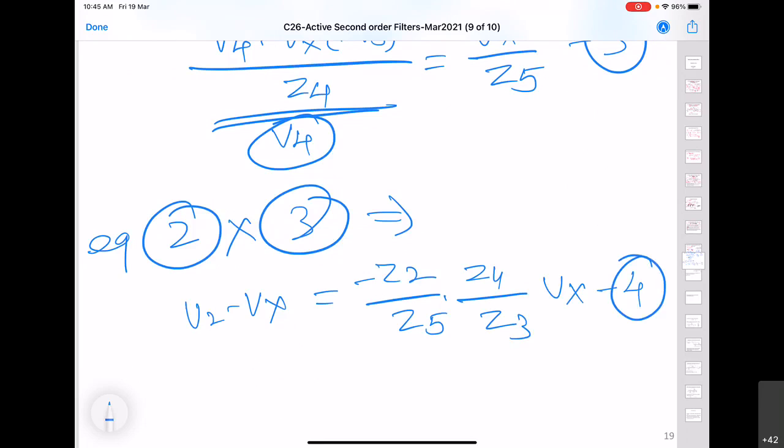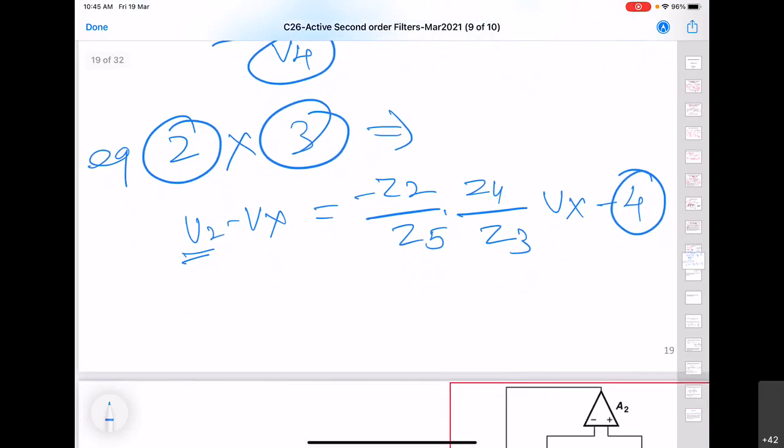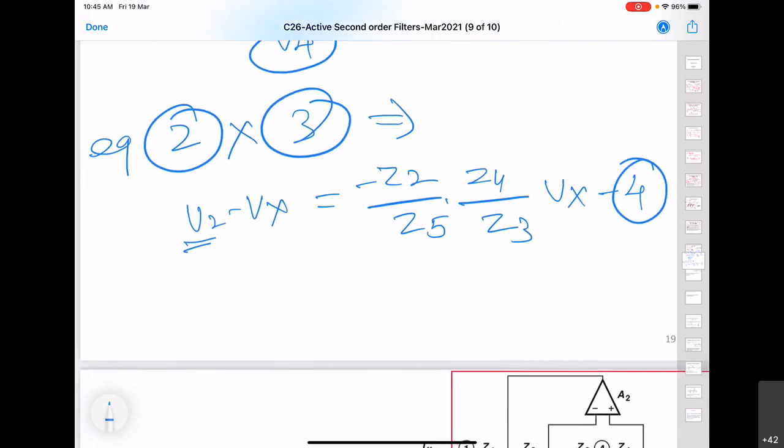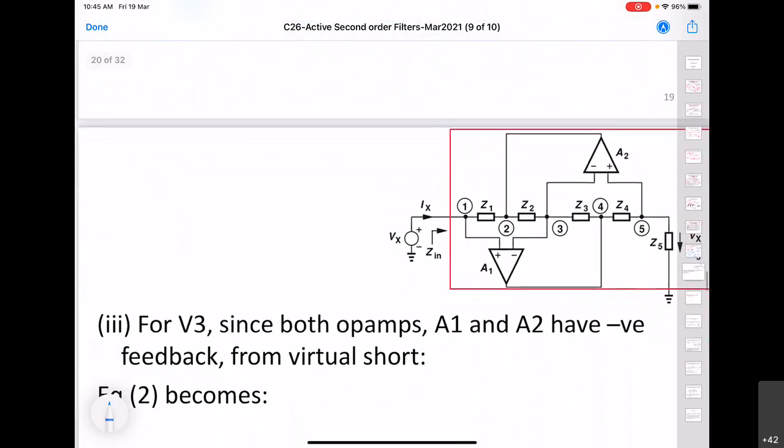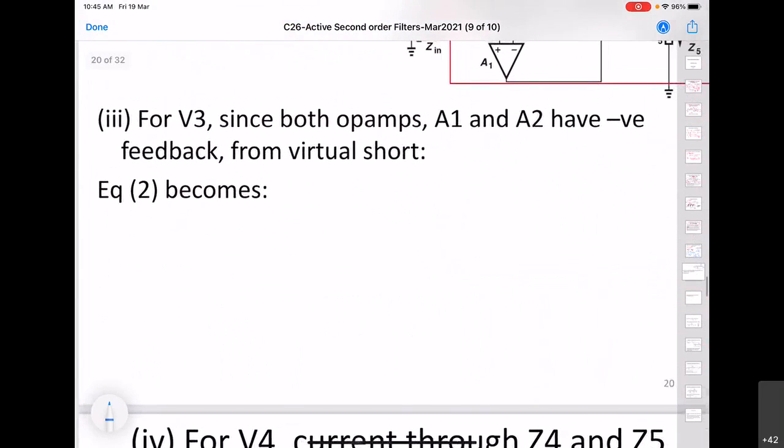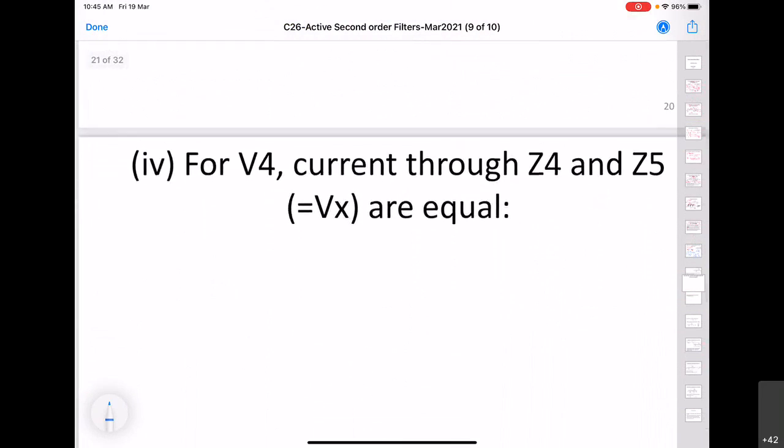This is equation 4. Now V2 can be eliminated using equation 1, which has V2. This part we have already done.